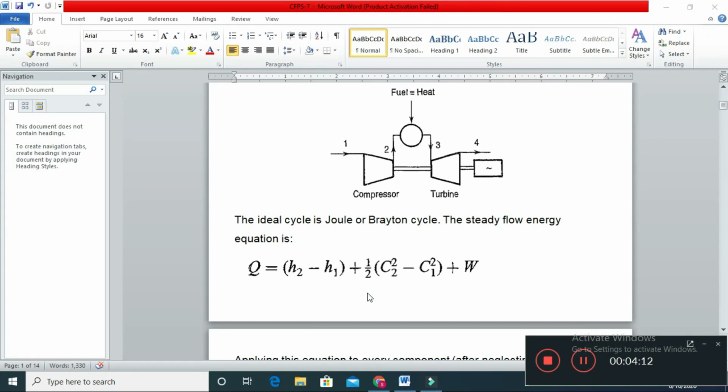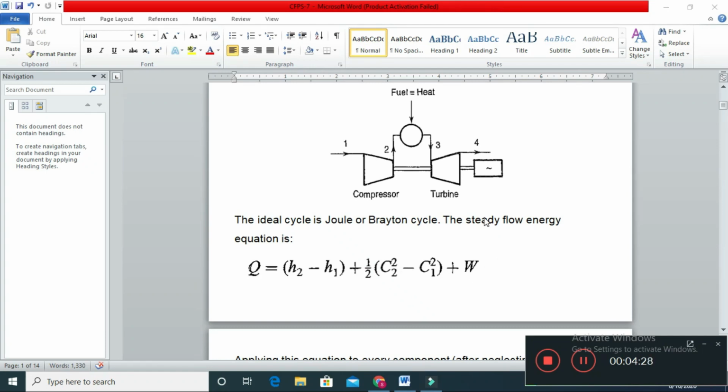There are 4 forms of energy considered. One is internal energy, other one is flow energy. The flow energy and internal energy combine to have enthalpy, then kinetic energy, and then potential energy.